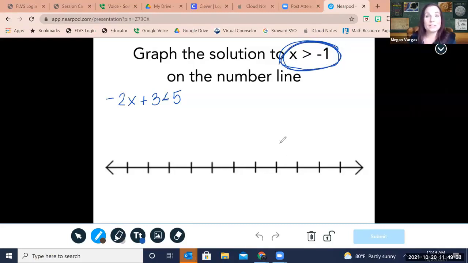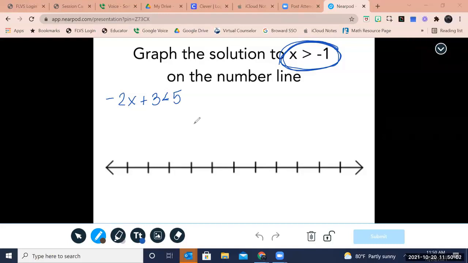Let's graph it. This solution means that when x is larger than -1, it works in the inequality. Let's test that out. Give me a number bigger than -1. 1. Sure.